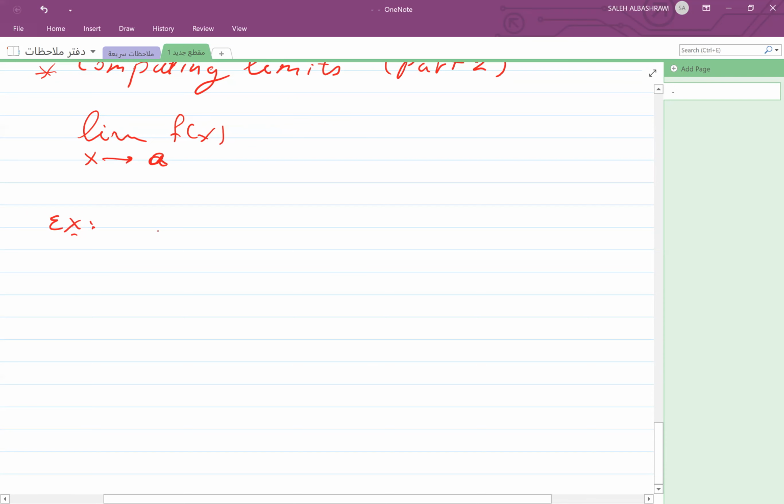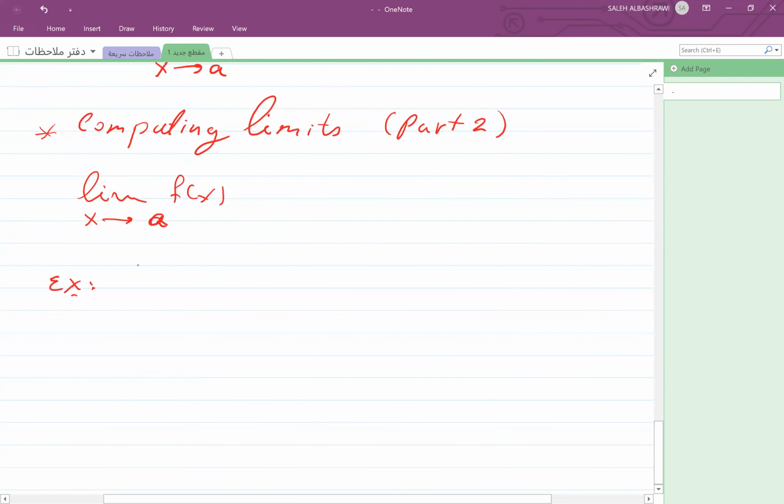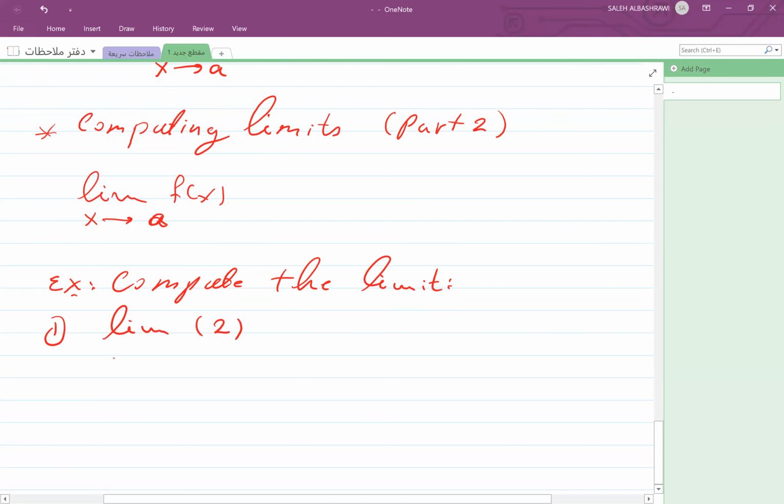Compute the limit. Number 1: what is the limit of the number 2 as x goes to 3?